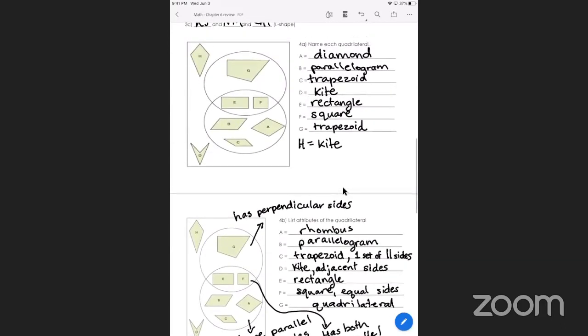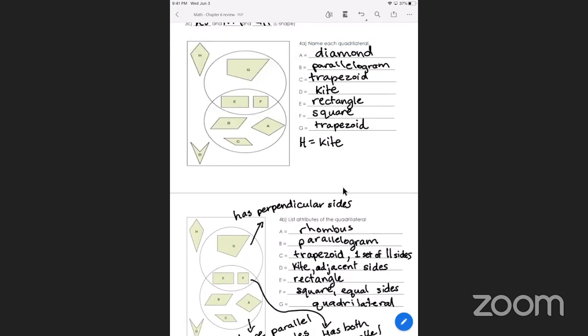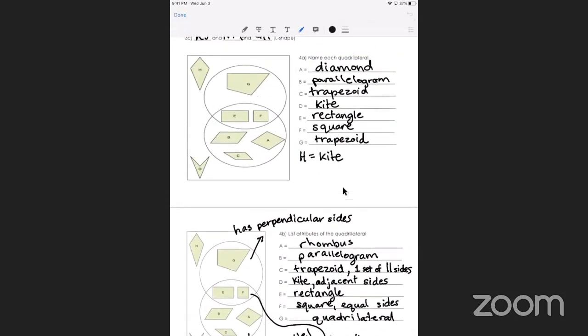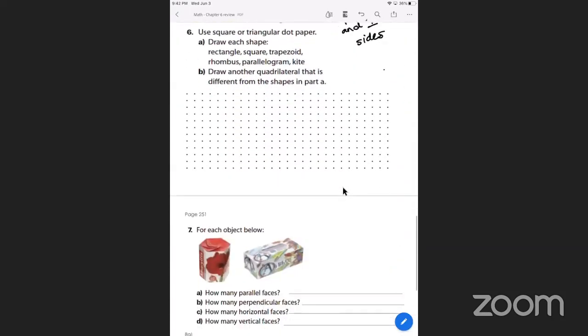I think that's wrong. I think this is just a quadrilateral. I don't think it's a trapezoid because a trapezoid is supposed to have at least one set of parallel sides. All right, moving down to the next part.